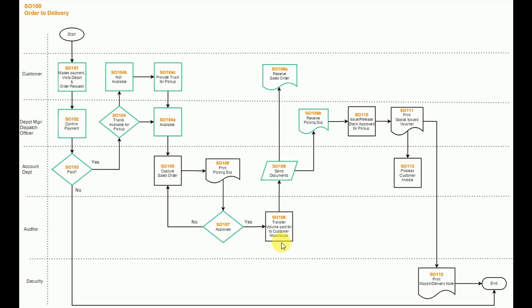When the customer has been confirmed to make payment for a particular volume of quantity of product, it is transferred to the customer's warehouse. Then from the customer's warehouse, you can issue out from there.